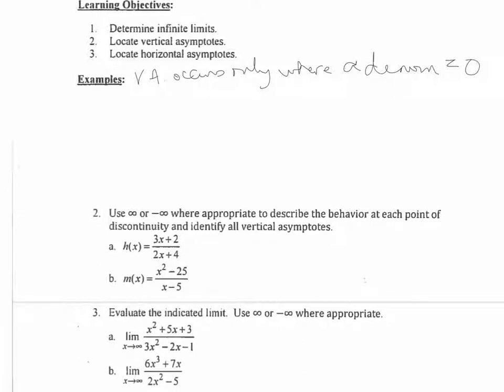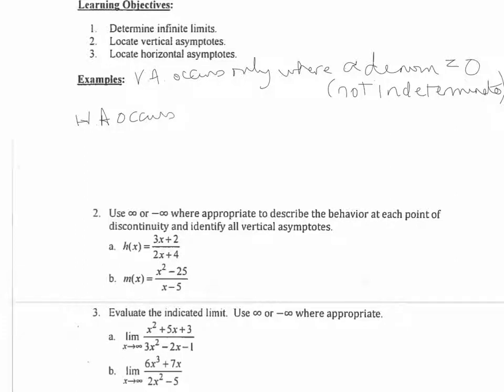Now remember, if it's indeterminate, that would mean we also had 0 in the numerator. So if we had 0 in the numerator, we'd want to try to factor. Okay? If we had 0 over 0. But if we get 0 in the denominator and something different in the numerator, that's what tells us we have a vertical asymptote.